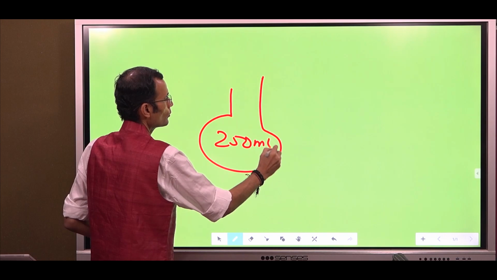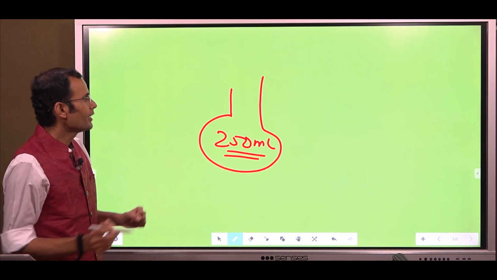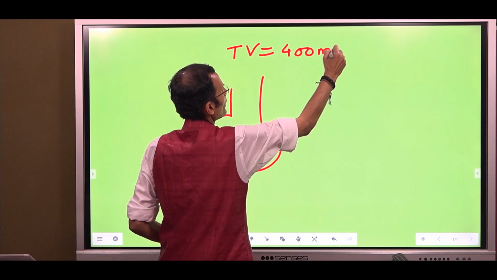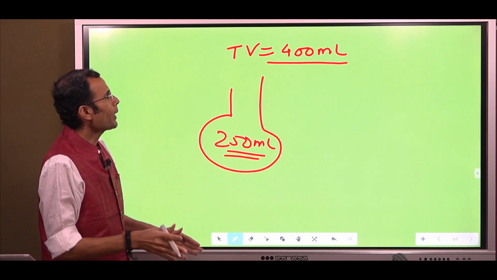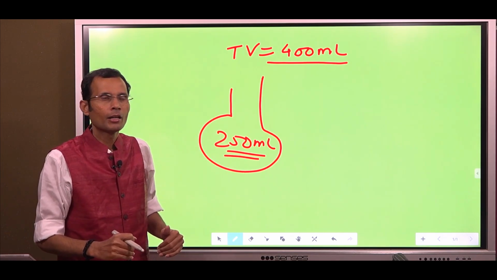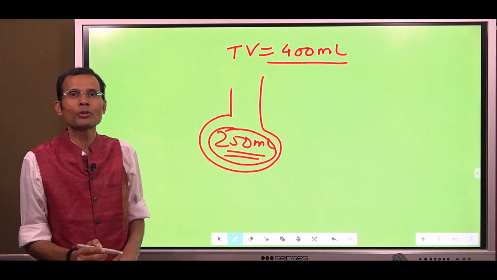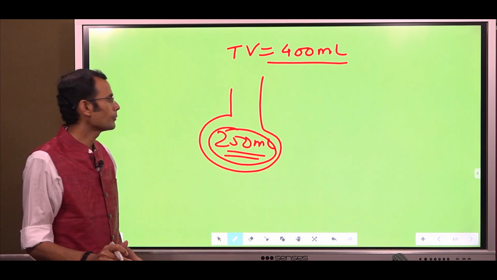That is clear now from the calculation. And they had given tidal volume as 400 ml. It means in each breath we inspire 400 ml, out of which 250 ml is reaching the alveoli in each breath. Yes, we calculated that.